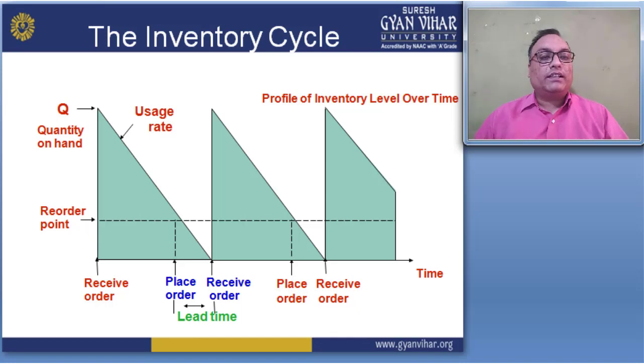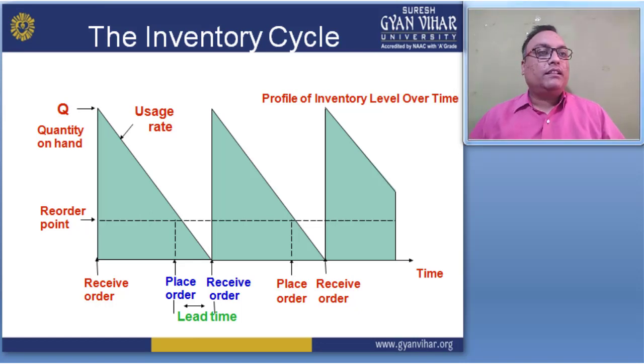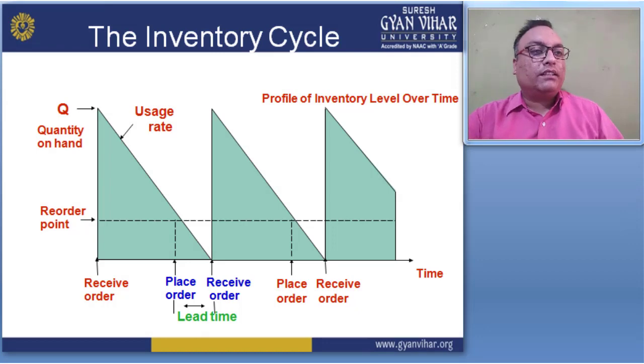This graph gives one inventory cycle of the item. Two axes are given, the y-axis and the x-axis.